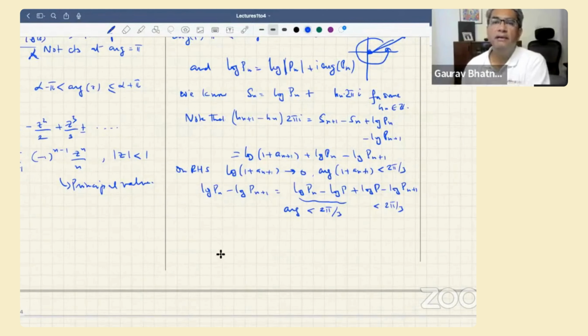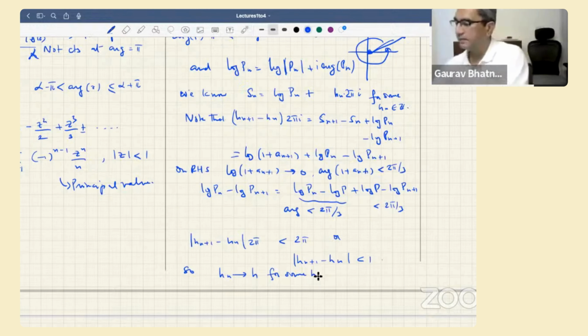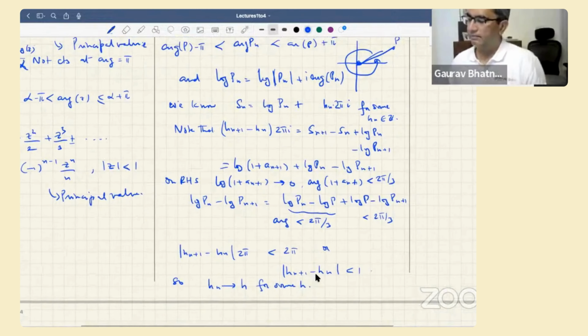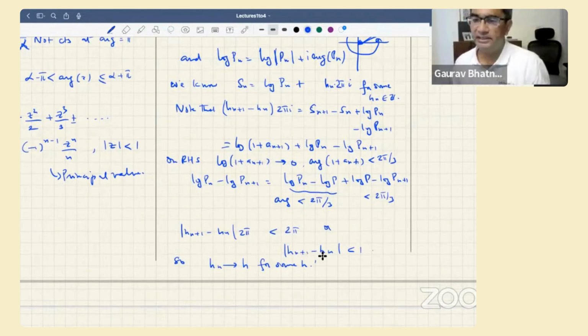So this whole thing, we can see that the absolute value of Hn plus 1 minus Hn, times 2 pi, is less than 2 pi, or Hn plus 1 minus Hn is less than 1. So what does this mean? This means that Hn converges to H, for some integer H. Because the Hn's are integers, a difference less than 1 means they're the same.